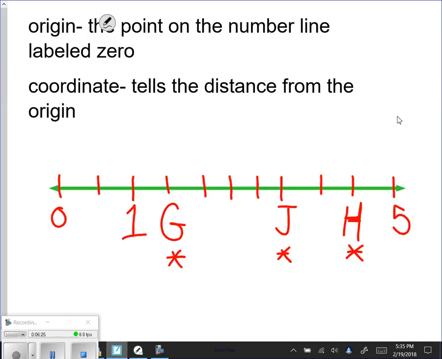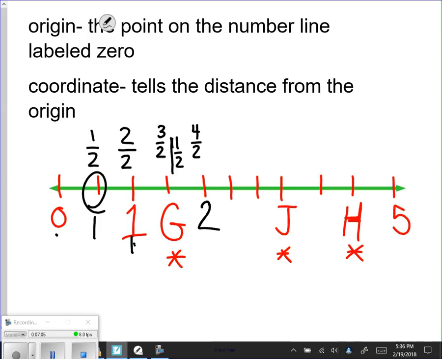So if you look, you can see that between 0, your origin, and 1, you have 1 hash mark. So to go from 1 here to 1 there, you only have 2 lines. So this would be 1/2 to 2/2. So then here would be 3/2, 1 and 1/2. So then what would this be? 4/2, which would be 2.